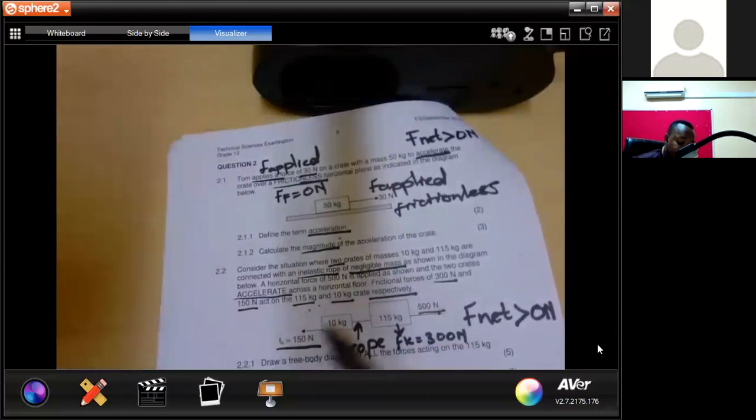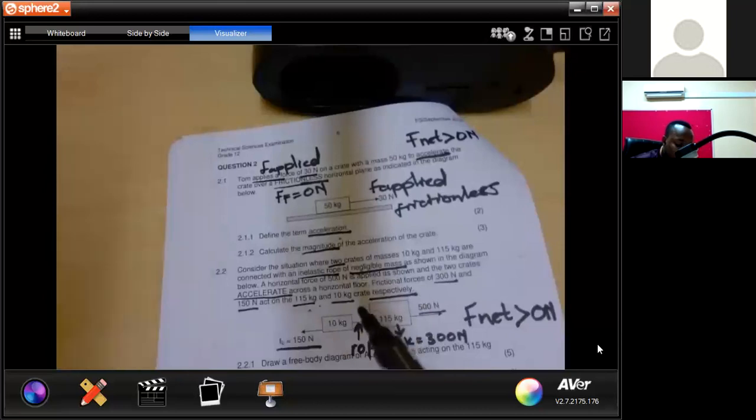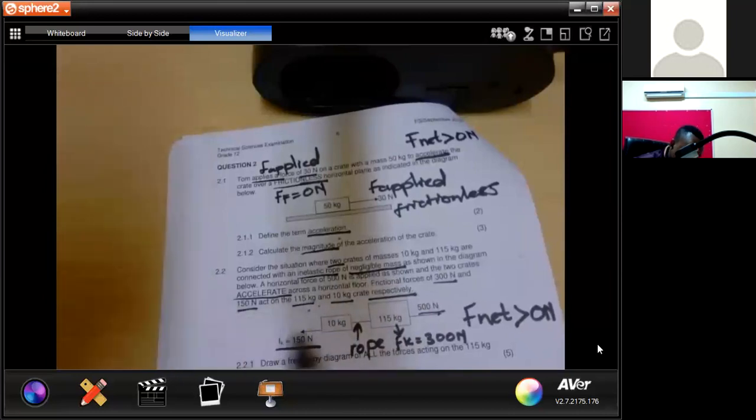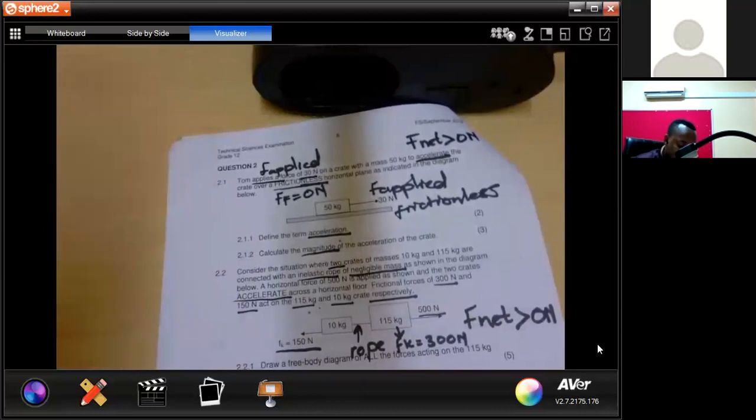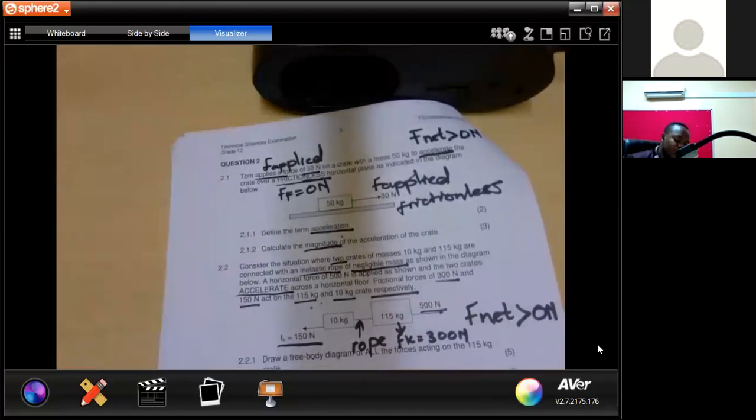This is definitely to the right. How do we know it is to the right? Because the frictional force is a force that opposes the direction of motion of an object, and it acts parallel to the surface. So it is opposing the direction of motion of an object. In other words, the direction of motion of the object must be to the right.